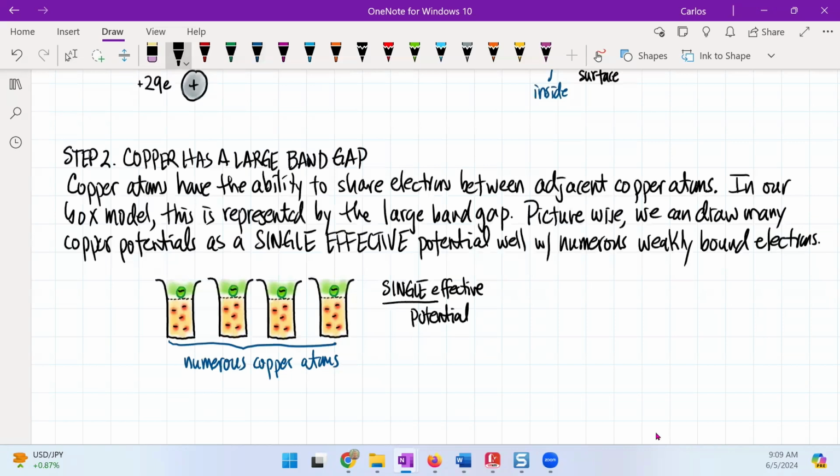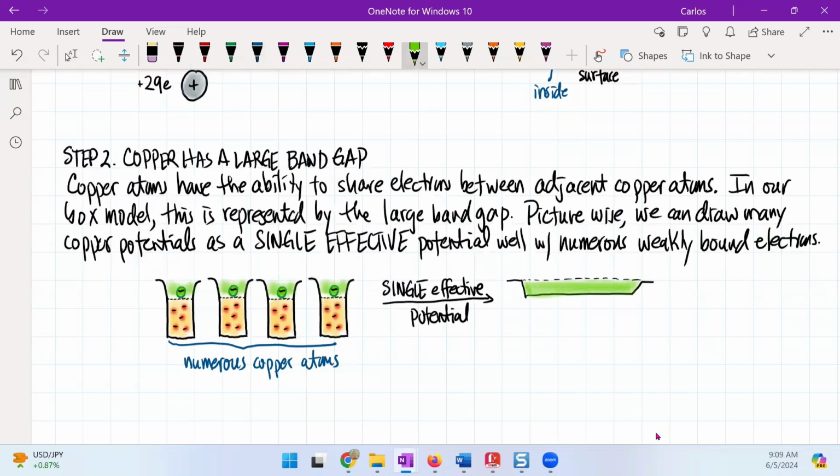So when I do that, the only thing that moves is that because of the large band gap, these electrons are easily transferred. So then I'm going to come in here and I'm going to say, okay, so this here represents all of the copper atoms right here. And so what you're seeing here is that this is the skin of the metal. And then these are the electrons that can be shared.